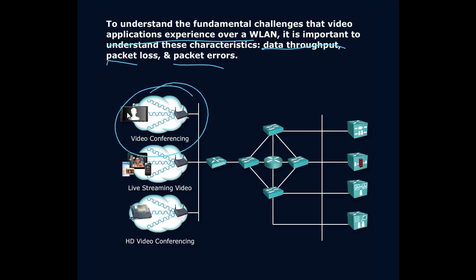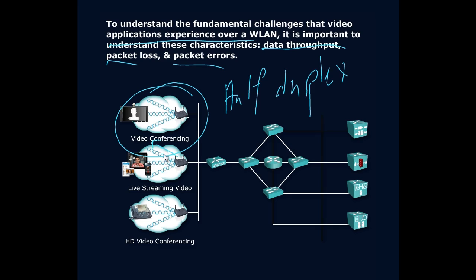So make sure you're aware of that. One of the things to note is wireless is half duplex, right? And we'll talk about this again. Because wireless is half duplex, we can only send or receive. We can't send and receive at the same time. It's not like a wired network.